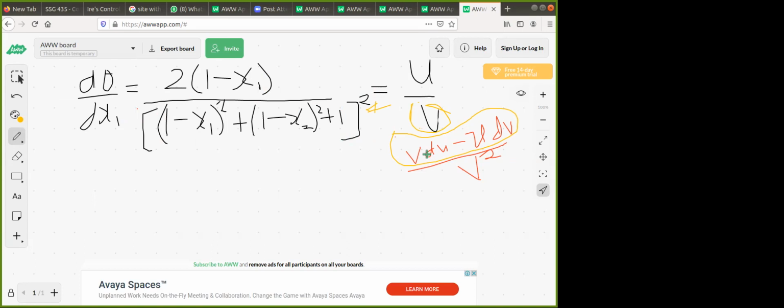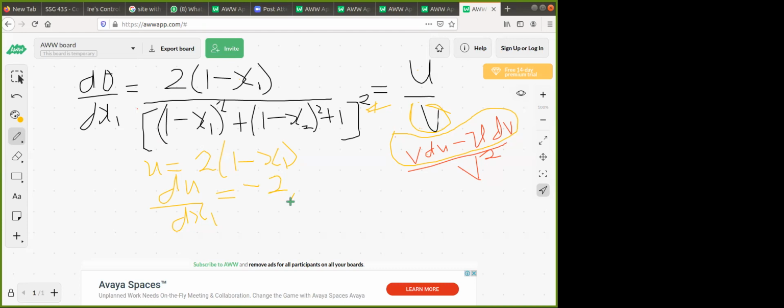So differentiating u with respect to x1, we have u equals 2 times (1 minus x1). Differentiating this, it's just 2 times minus x1. If you differentiate minus x1 with respect to x1, you just get minus 1. So minus 1 times 2, that's minus 2.